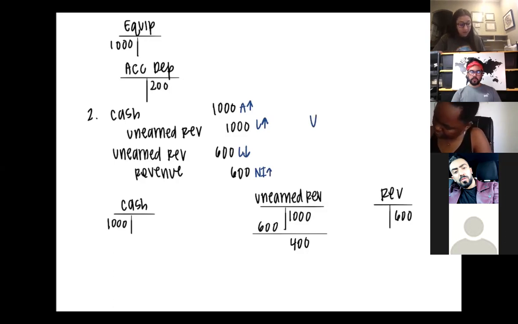In terms of our liability, it was never increased by 1,000 and then lowered by 600. So the balance in unearned revenue is still a $400 credit balance, which means our liabilities were understated. Then in terms of revenue, it was never increased by that 600, so it's also understated.